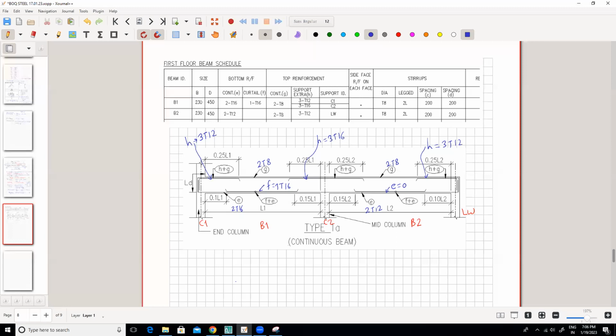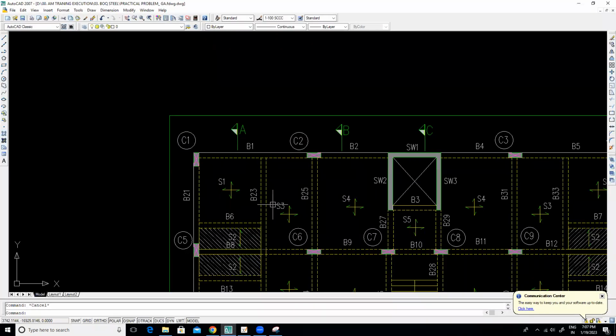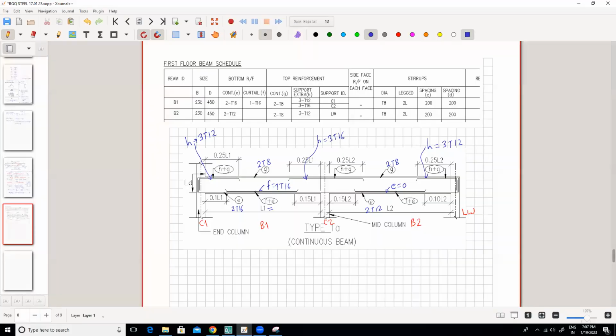Now what we require for a quantity calculation, we want the dimensions. So what is L1? So L1 is, go into the drawing. L1 means clear distance between the supports. So from here to here, see this support, column face 4.6. I will round for the calculation purpose. 4.6.